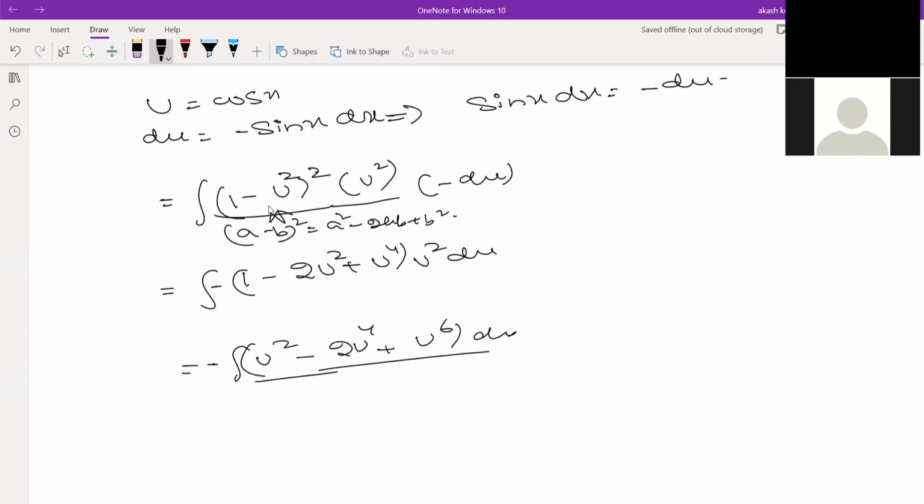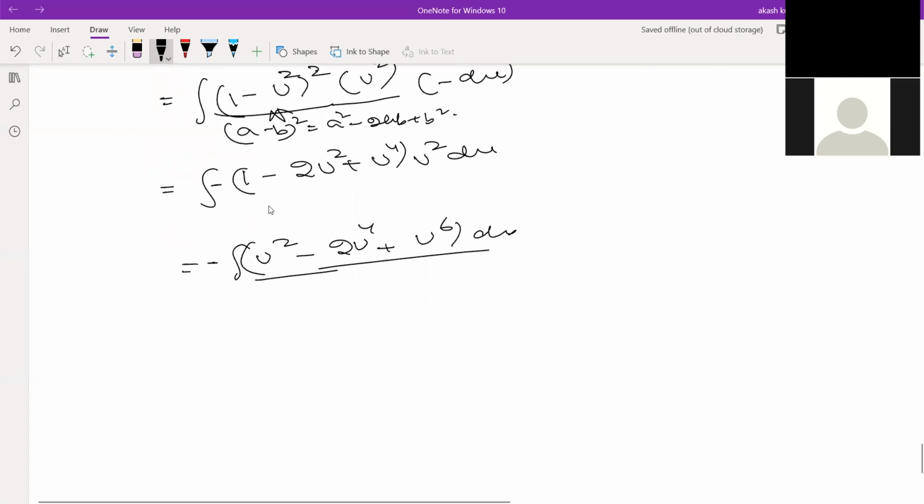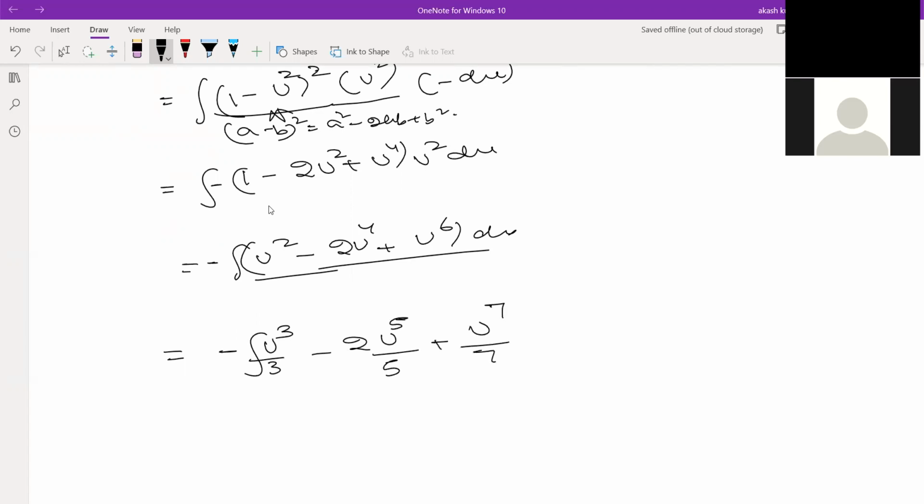It is now easier for me to apply the integration. So u square becomes u3 over 3 minus 2, u4 becomes u5 over 5 plus u6 becomes u7 over 7 plus c.